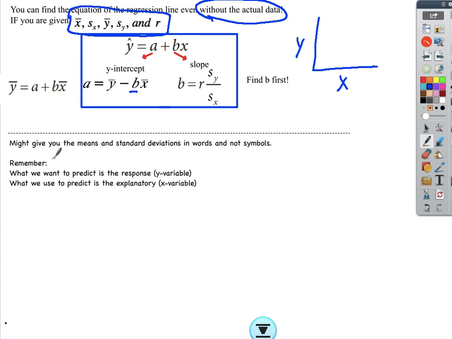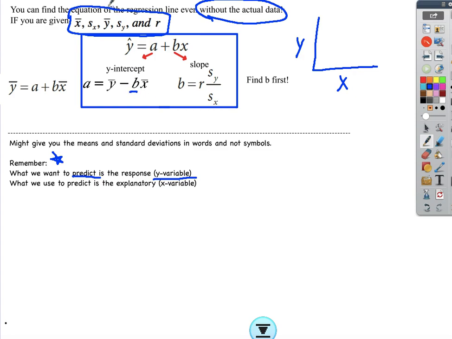Here's just some things to remember when you are reading through a problem. Sometimes they don't tell you what the x variable is and what the y variable is, but they'll give you clues. So whatever you're trying to predict, whatever you want to predict, that is your y variable. So keep that in mind when you're setting all of this stuff up, because they might give you this information in words.